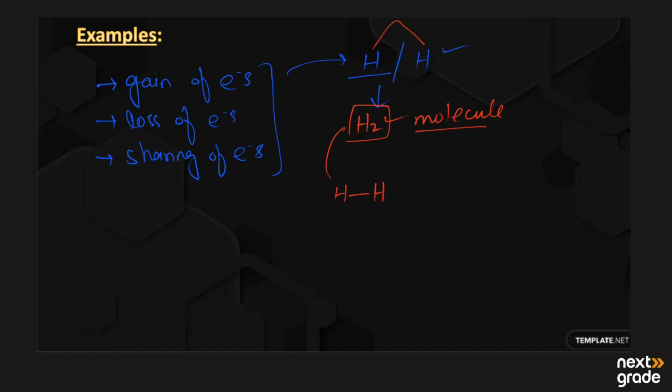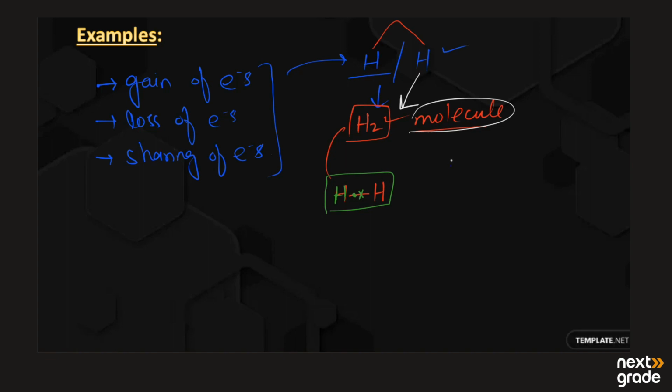Here one hydrogen atom has one electron, and the other also has an electron. They will share their electrons to form the chemical bond like this. So a simple example for the chemical bond is two atoms combining and undergoing chemical bonding, attractive forces attract them, and the molecule like H2 is formed.